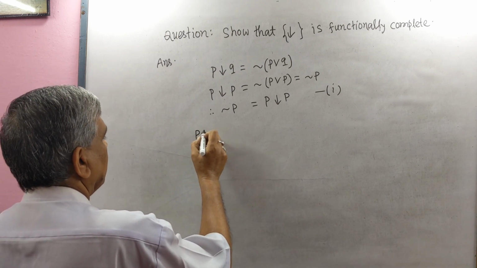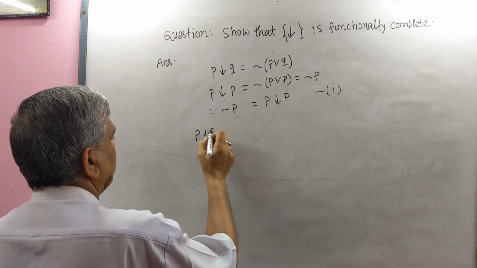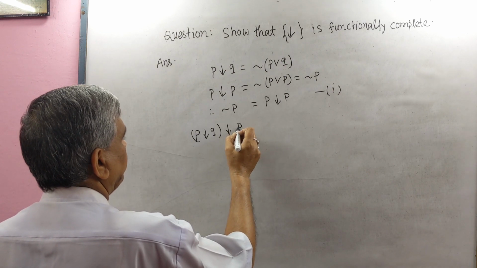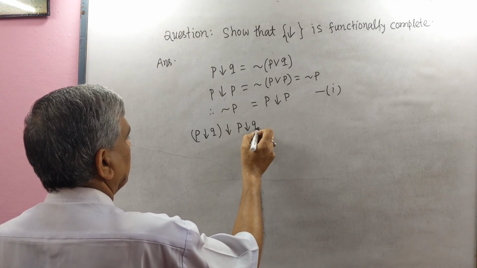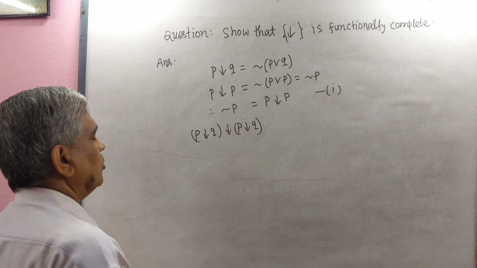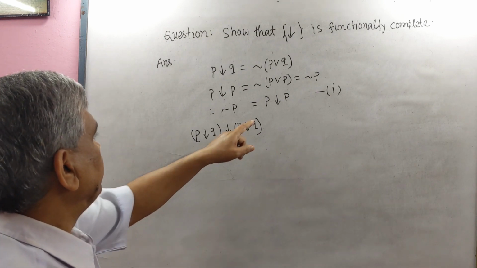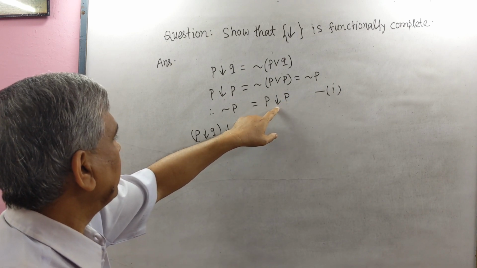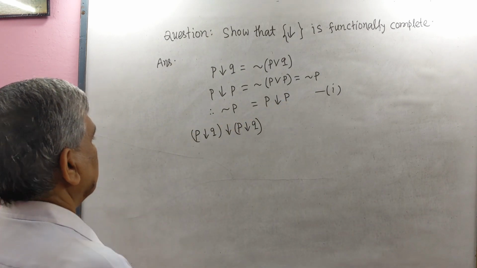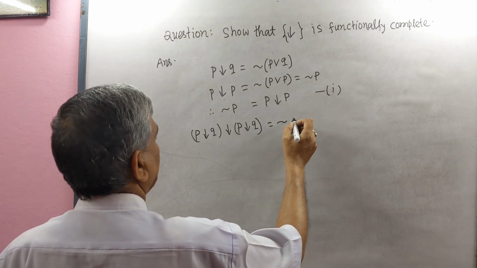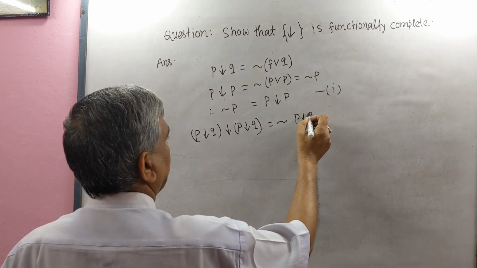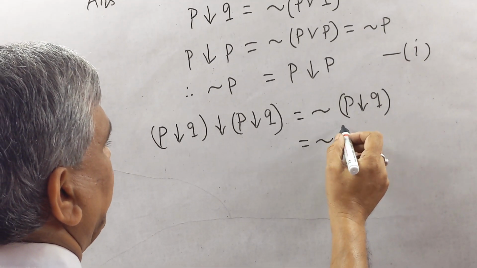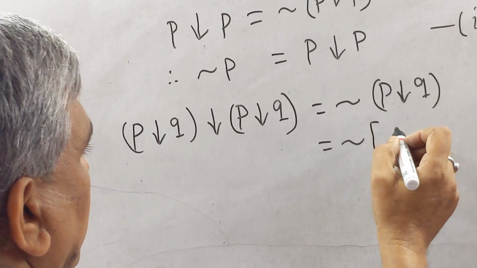P NOR Q, NOR P NOR Q. The same thing, NOR negation P. So here it will be negation of P NOR Q. Negation of NOR means not or.